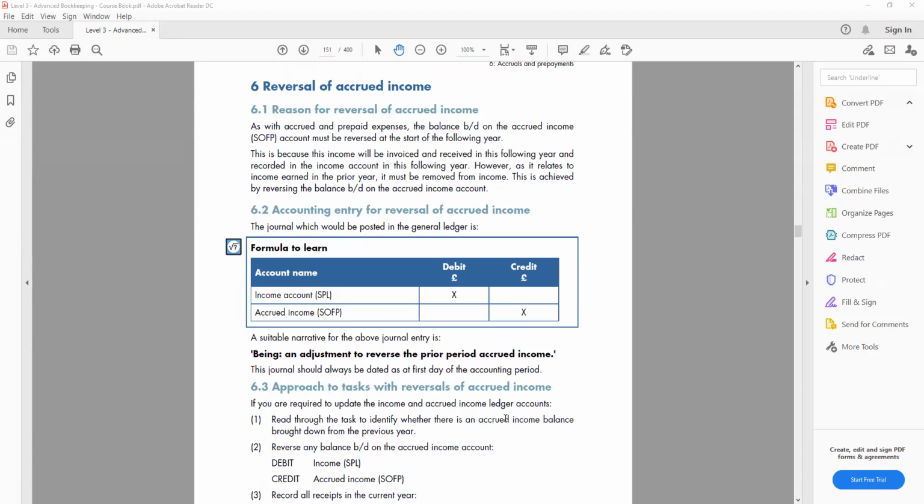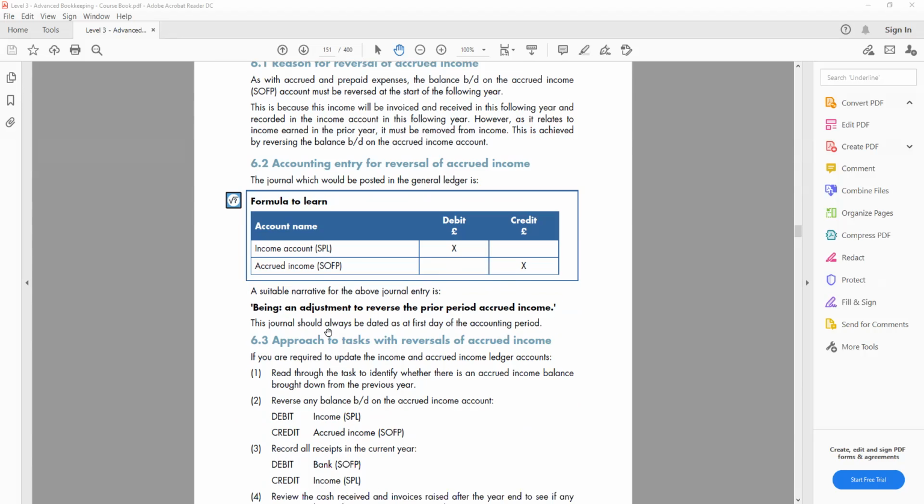Reversal of accrued income. As with accrued and prepaid expense, the balance b/d on the accrued income statement of financial position account must be reversed at the start of the following year. So we need to reverse it at the start of the following year. All right, how do we reverse it?